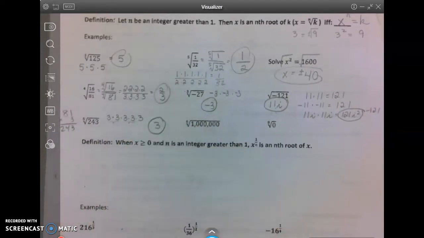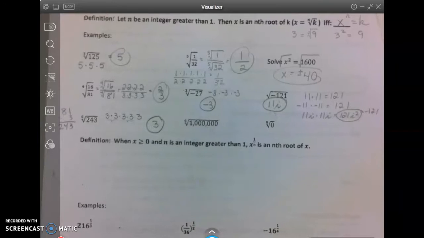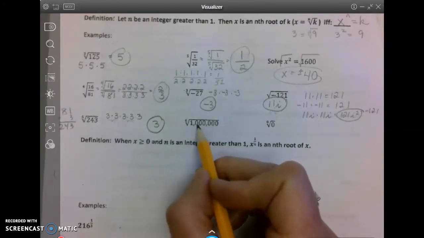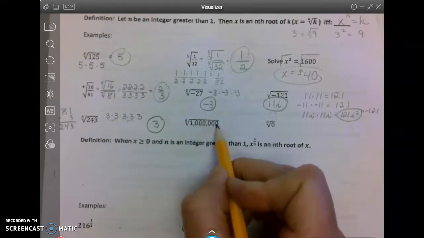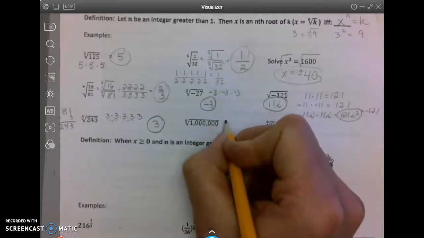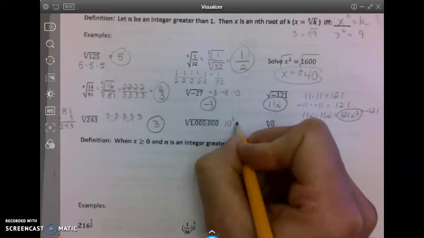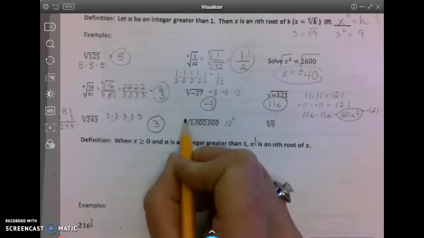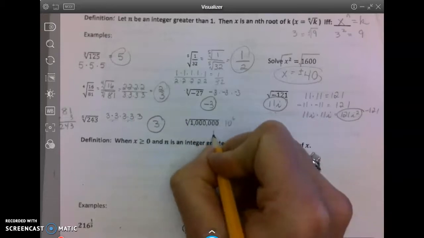All right. The sixth root of a million. Because this has 6 zeros, another way to write a million is 10 to the 6th. Therefore, the sixth root of a million is simply 10.